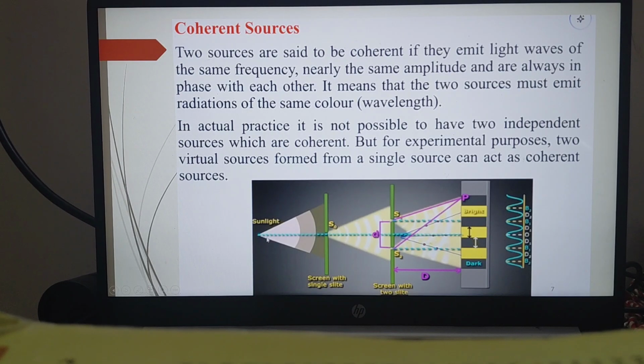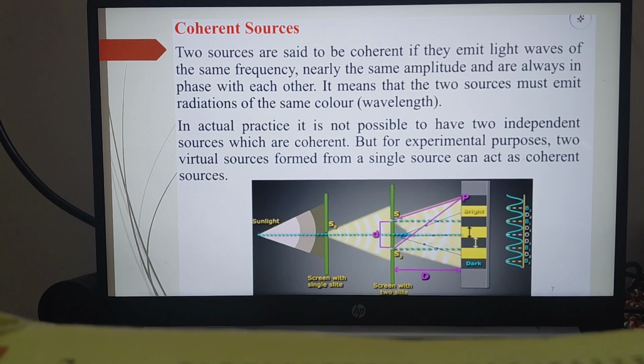If you look at the diagram here, the sun is the source, and the light travels through the slit, which is source 1, and it will be diffracted. It is a single slit here, and here it will be the double slit.